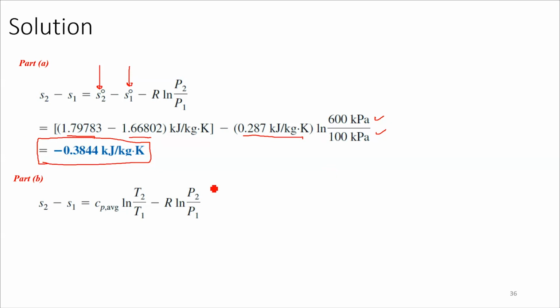Now, the second part is where you have to do the approximate analysis. Approximate analysis is where you take Cp as constant, but this is the average value, that means the average of T2 plus T1 divided by 2. This would give you the average temperature, and for this temperature you can go and read the Cp value from the tables in table A2.